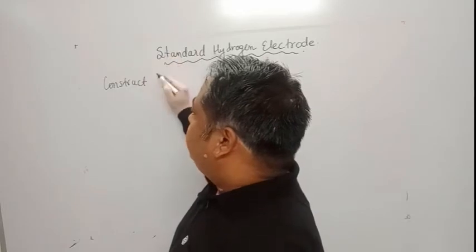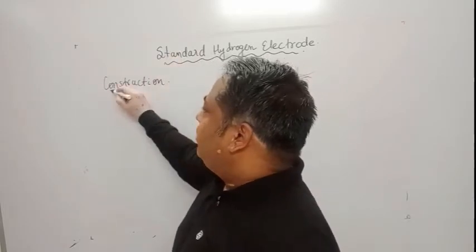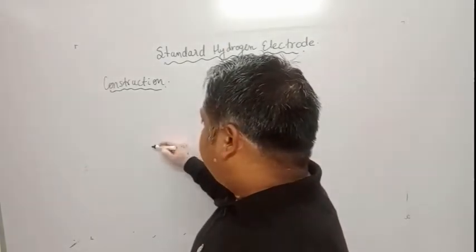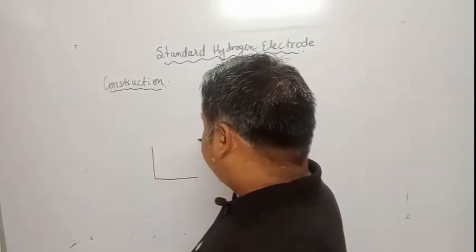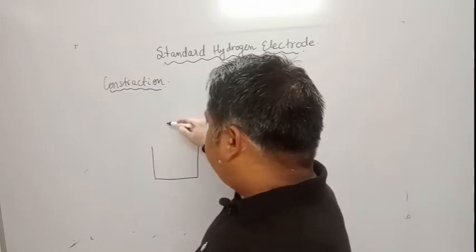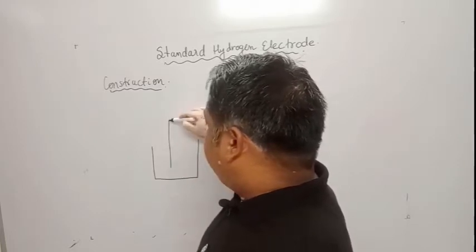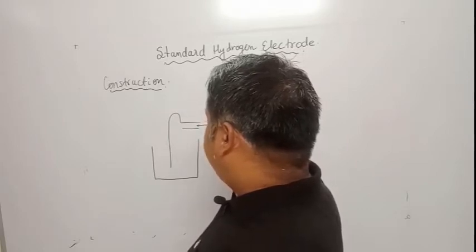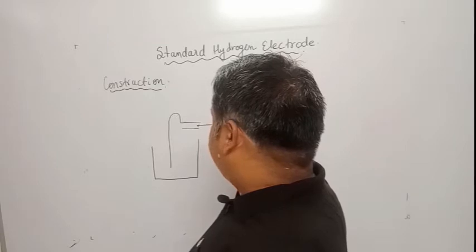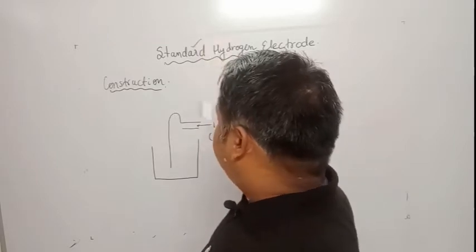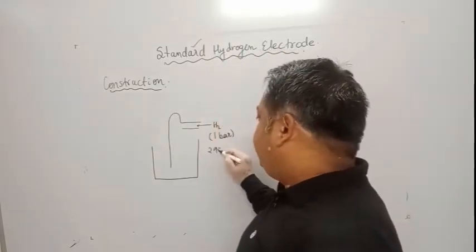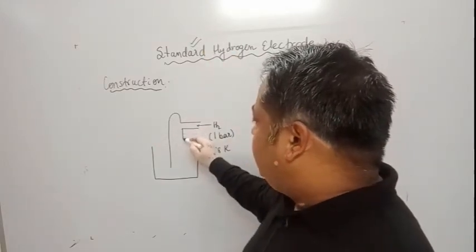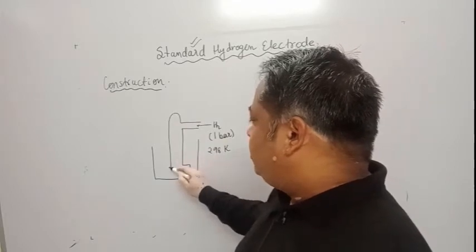The standard hydrogen electrode is constructed in the following manner. First, a beaker is taken. In that, a glass setup such that from one side hydrogen gas can be pumped in at 1 bar pressure, which is a standard value, at 298 Kelvin temperature, which is a standard value, is put.